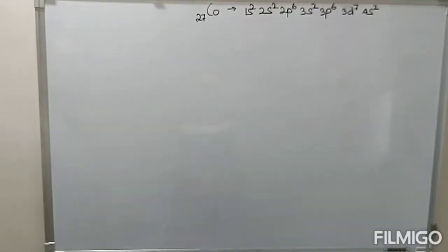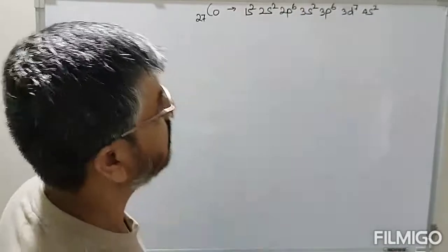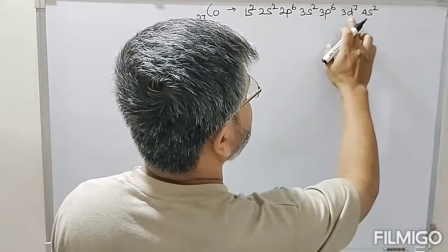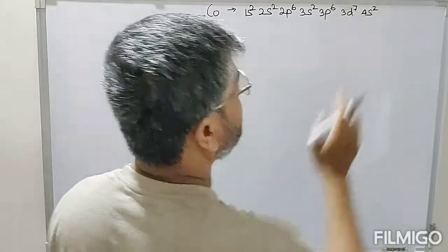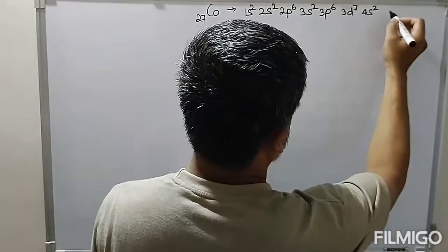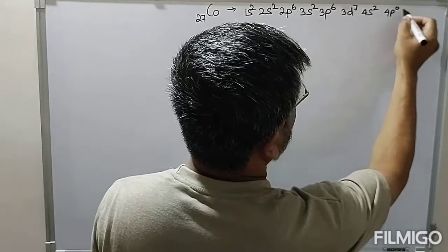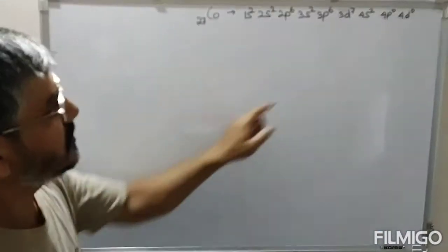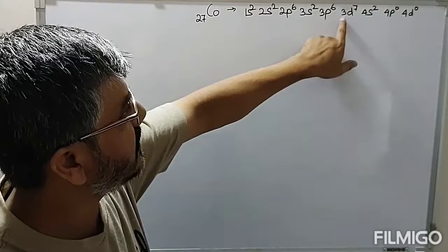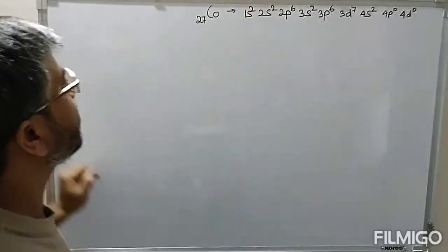This is the electronic configuration of cobalt. So if you look at this, we have 7 electrons in the 3d orbital and 2 electrons in 4s. After the 4s, 4p is unoccupied and 4d is unoccupied. So this is the valence shell, and the shell next to the valence shell.